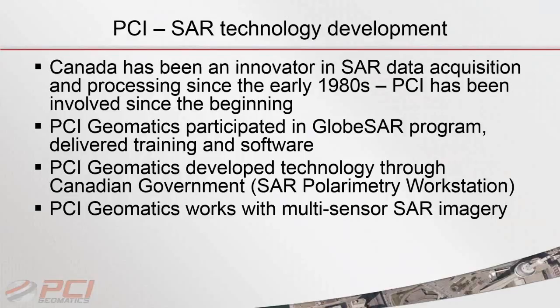Starting back in the 1980s, there was a requirement identified by the Canadian government to map the ice floes in Canada's north for navigation, for safety, and that really drove the requirement for a satellite to be used to collect that imagery in a much more quick and efficient manner. Previous to that, airborne radar imagery was collected, and that just became difficult to manage and so on.